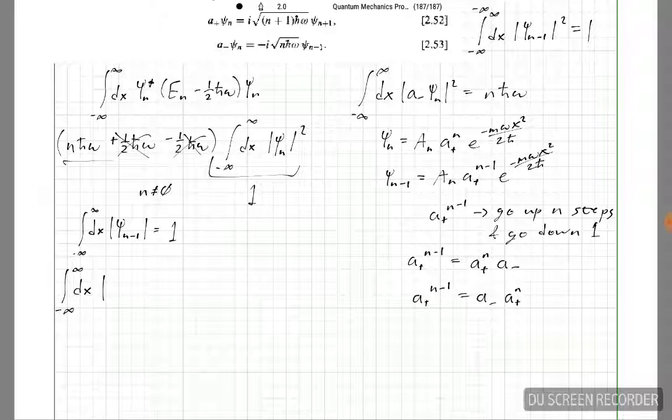So now we have squared. Now we have a capital A n minus 1, and then I'm going to go down 1 step, go up in steps, and m omega x squared.